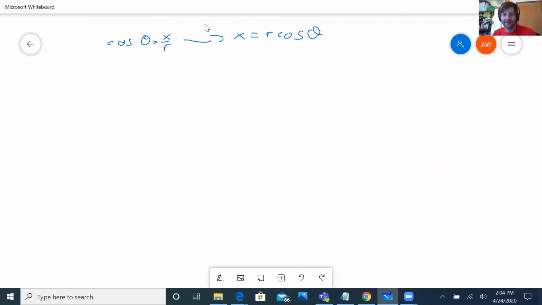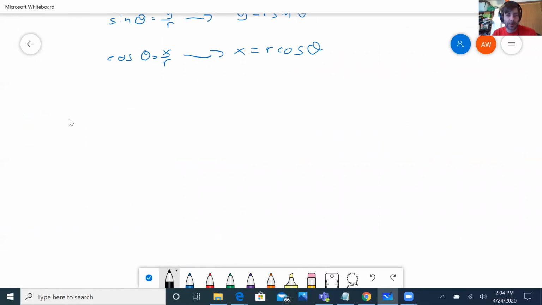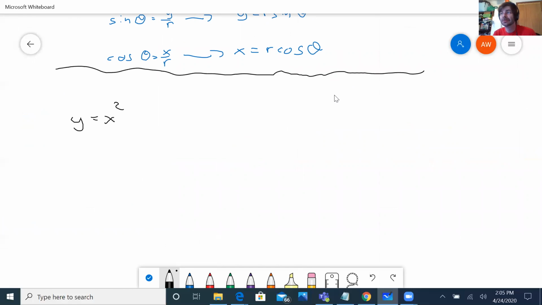The next one we got is y equals x squared. So I'm just going to do the same thing. I have r sine theta equals r squared cos squared theta.